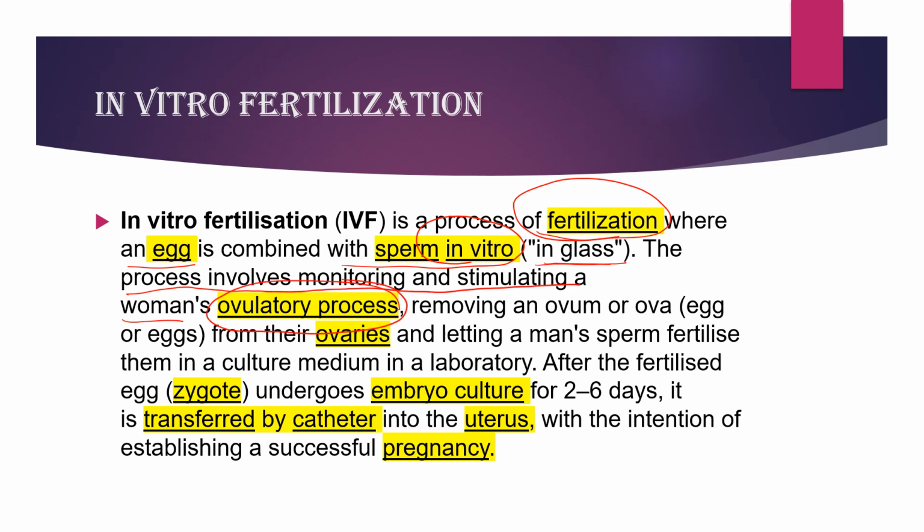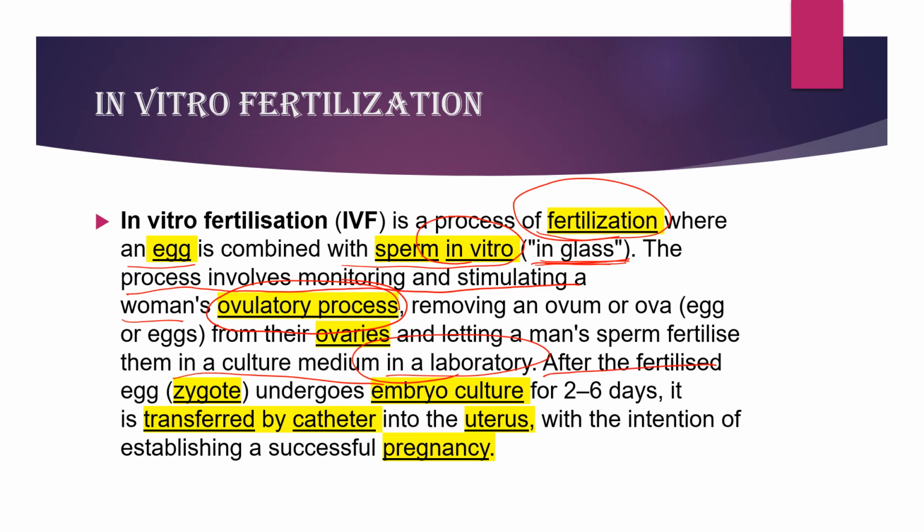So how is the woman's ovulatory process stimulated? Hormones are injected to stimulate the ovulatory process, and removing an ovum or eggs from the ovaries is the main thing, and then letting a male sperm fertilize them in a culture medium. That happens in a laboratory in a glass dish.